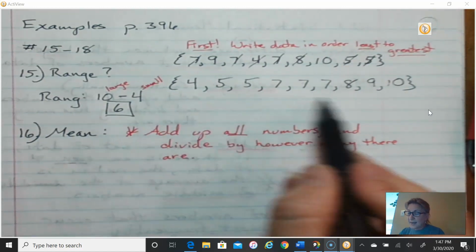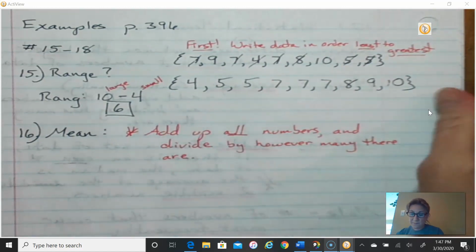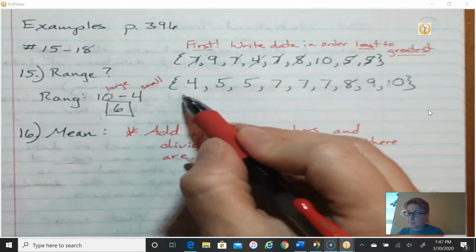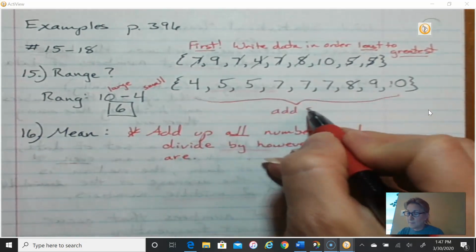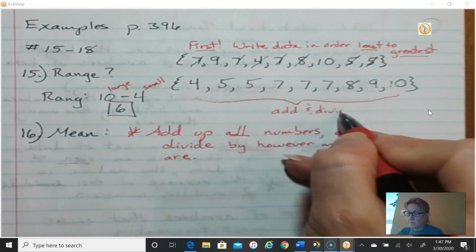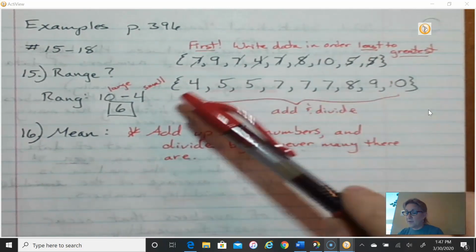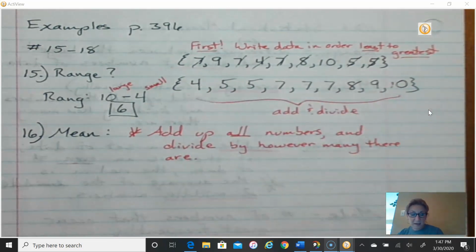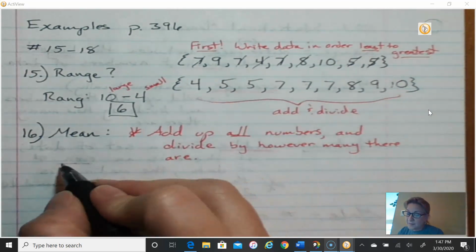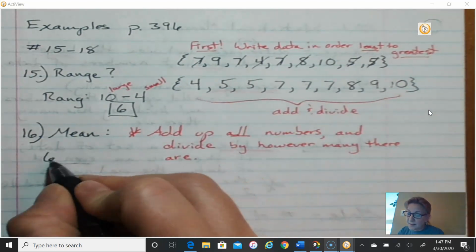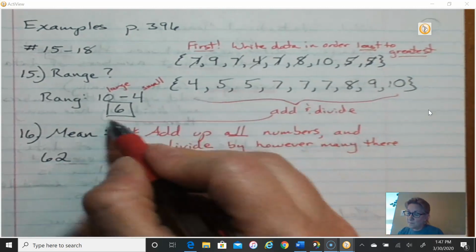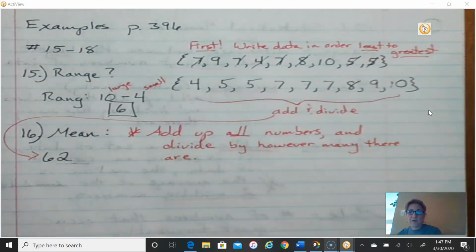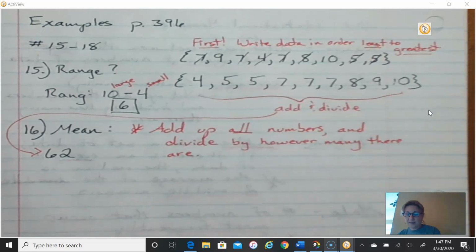Okay, so we have to add all of these. Add and divide. If you added all of those together, you would get 62. If you add all of them together, you get 62.